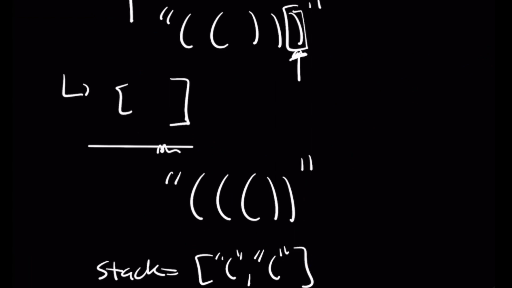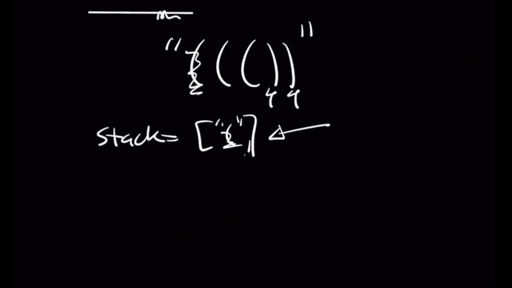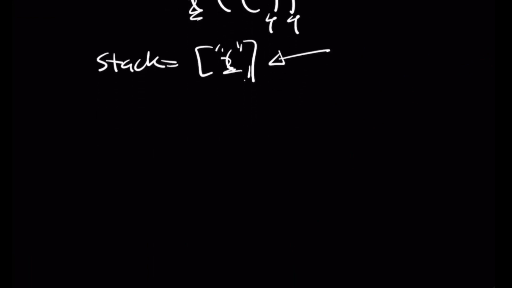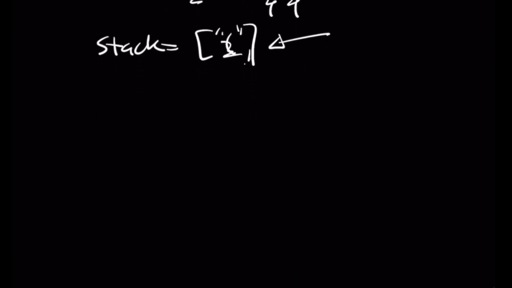We go to the next one, then add another one. Then we come to this one and pop this one out. We come to this one and pop this one out. And we see that this is an invalid open parenthesis that has no match. Therefore, we have to get rid of it in this string. Now, this is how the code in general will work.